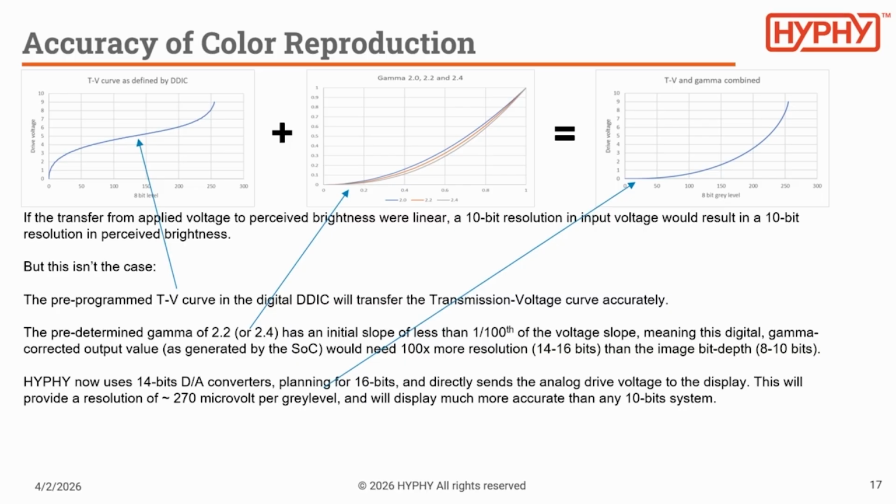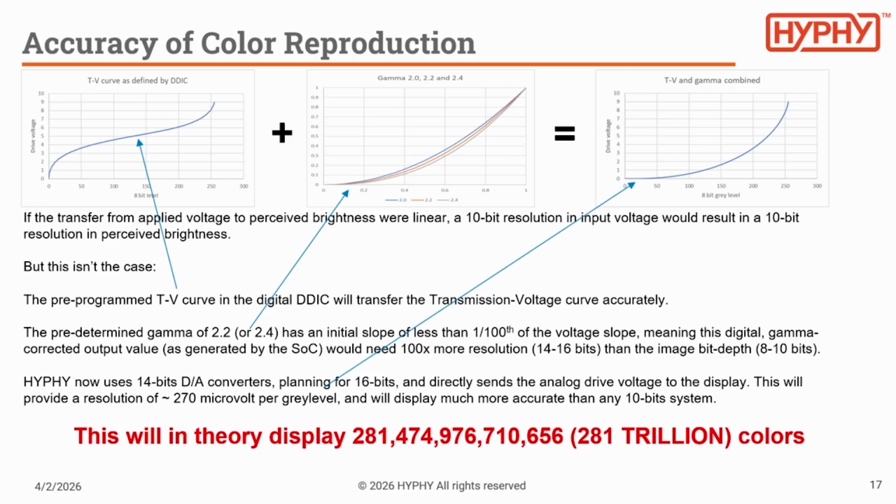And that means we can now correctly reproduce the low end of the gamma correction curve by using 240 microvolt per step instead of the usual millivolt. There's a nice addition to this. This means that theoretically we will be able to display 281 trillion colors in the final display. It may not mean much, but I can guarantee you it means a lot to the people selling TVs.